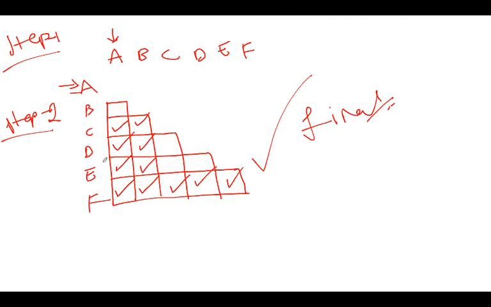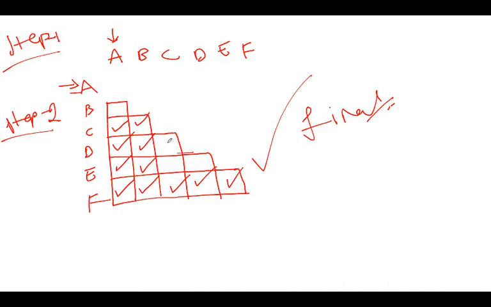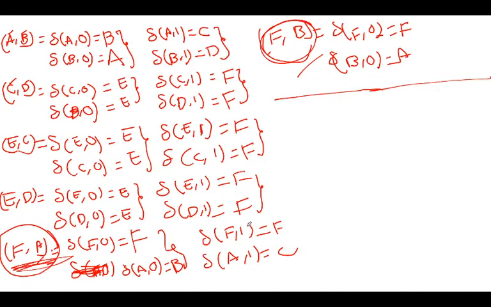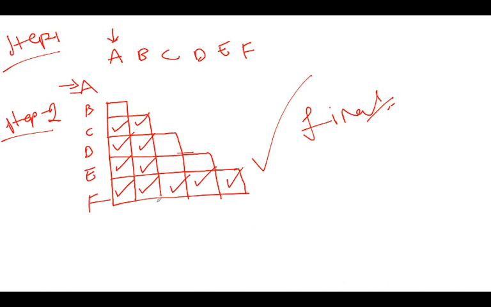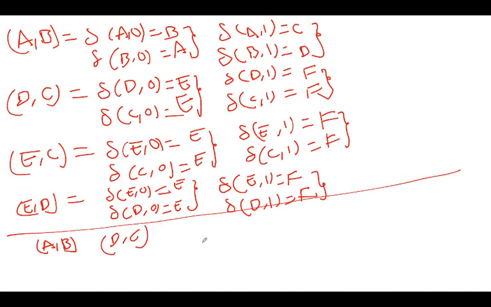Then DC, sorry, D and C. DC is unmarked, and EC and ED.